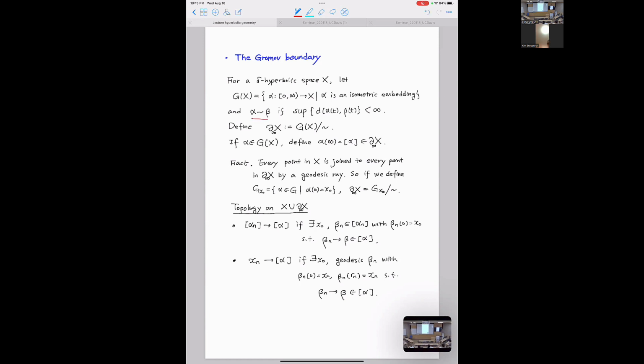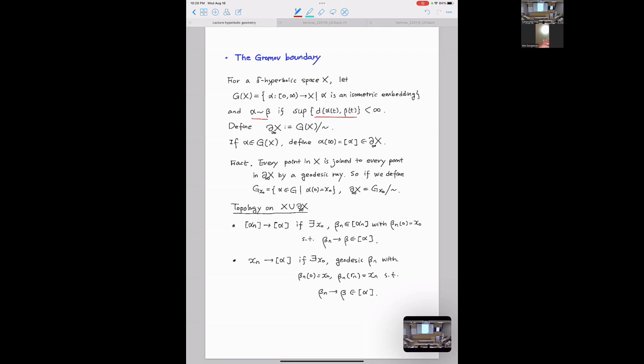So like this. Two isometric embeddings alpha and beta are equivalent if the distance is bounded. Then this relation becomes an equivalence relation. Then we can define the space of the equivalence classes.